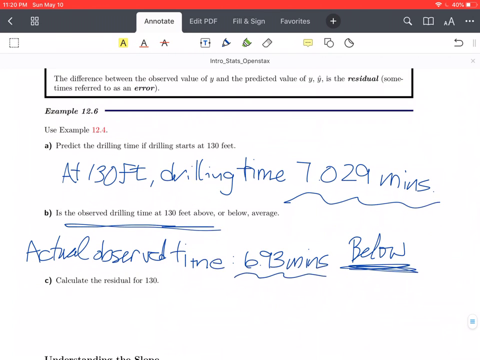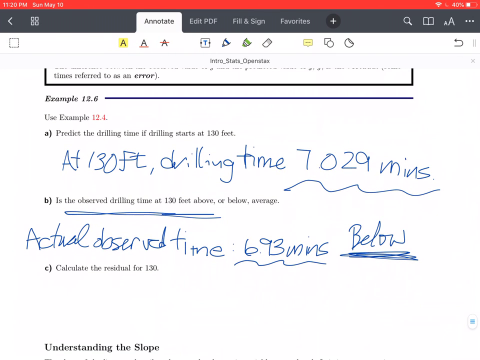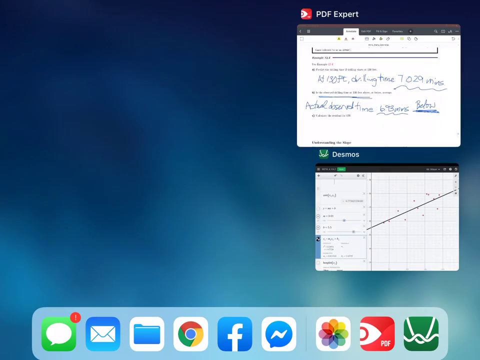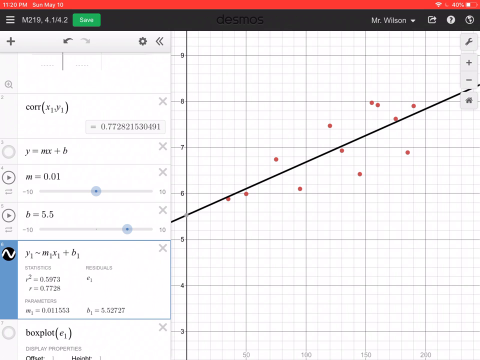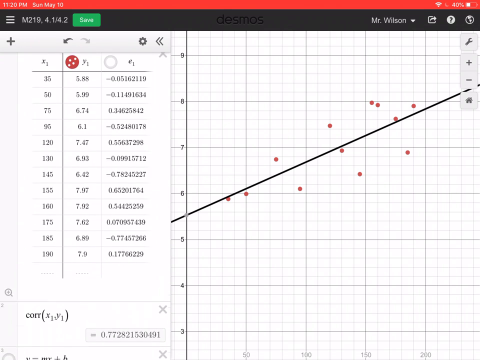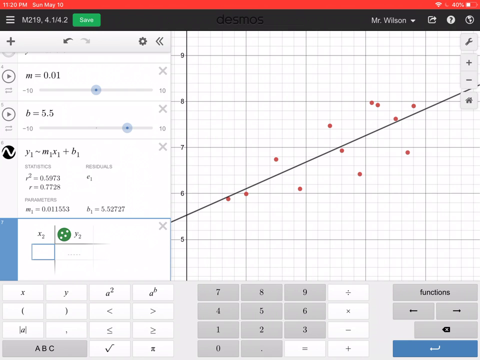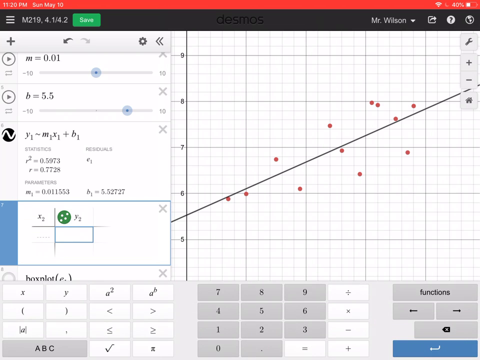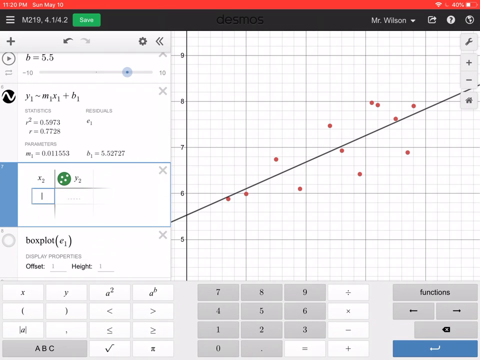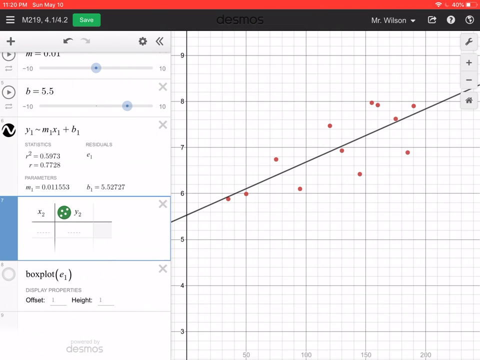Okay, and then it asked us to calculate the residual for 130, so that I can show you on Desmos. This is another nice feature of the tables. So when you create a table and you put some data points in here, there's a third column, and as soon as you start plotting data points in here, it will ask you if you want to plot the residuals.